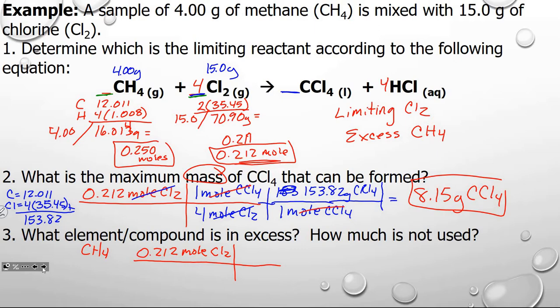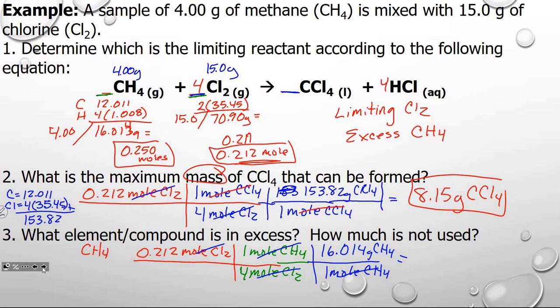So going backwards, we're going 4 moles of Cl2 on the bottom, 1 mole of CH4 on top, and since they asked how much was not used, and they gave us grams, we're going to have to go back to grams. So moles go out, and we're going to go one more step, 1 mole CH4 and 16.014 grams CH4.